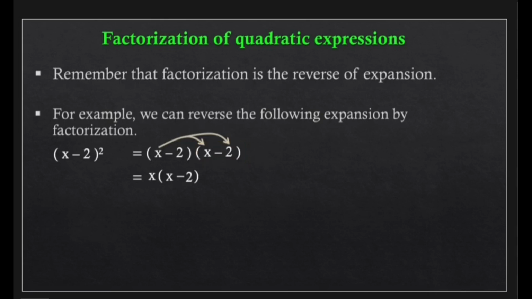Then the next term in the first expression, which is negative 2, is multiplied with the first term in the second expression, and the same negative 2 must be multiplied with the second term in the second expression. So you get negative 2 multiplied with the second expression, like that.